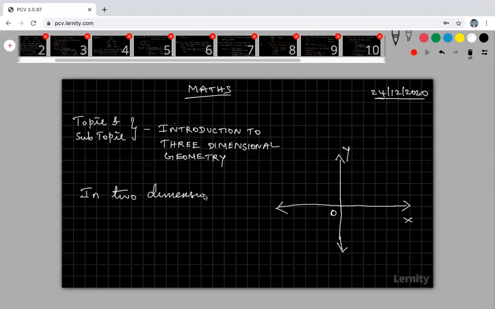In two-dimensional geometry, the x-axis and y-axis are called the coordinate axes.